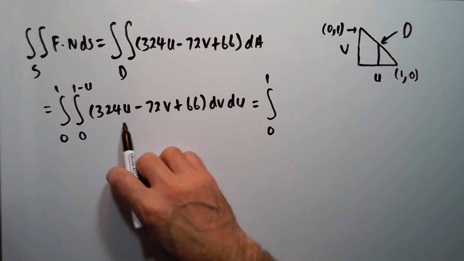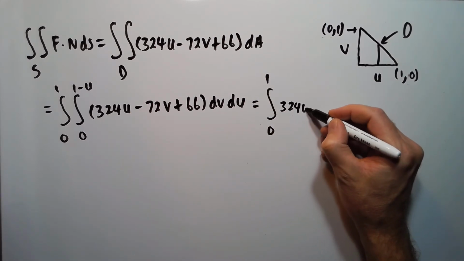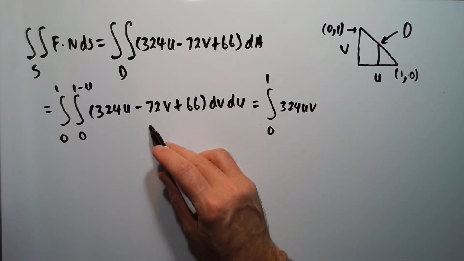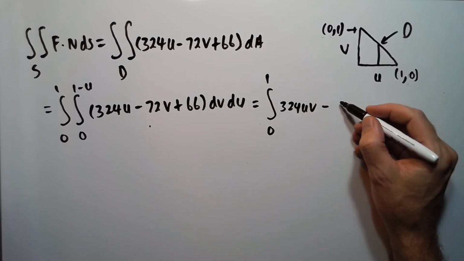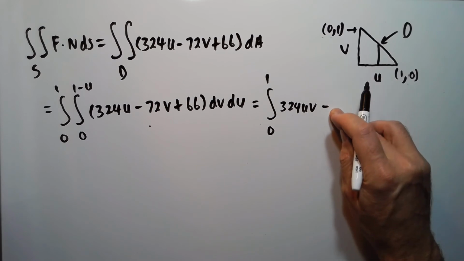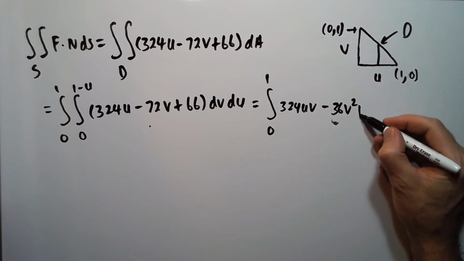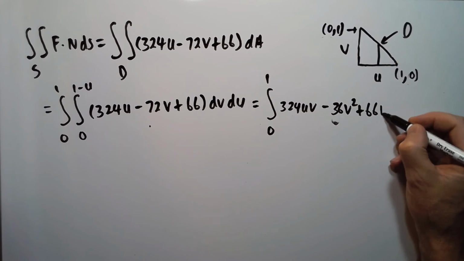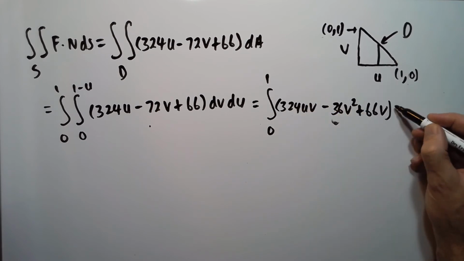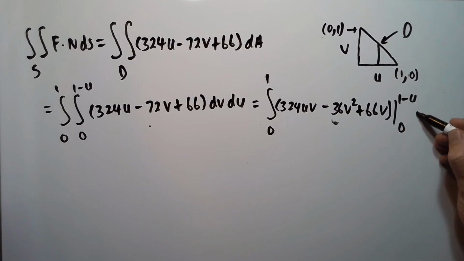So integrating with respect to v, the first guy would be 324uv. Integrating this with respect to v would be minus 72v squared over 2, but 72 over 2 is 36, so 36v squared, and then 66v, evaluated at 0 and 1 minus u, then du.